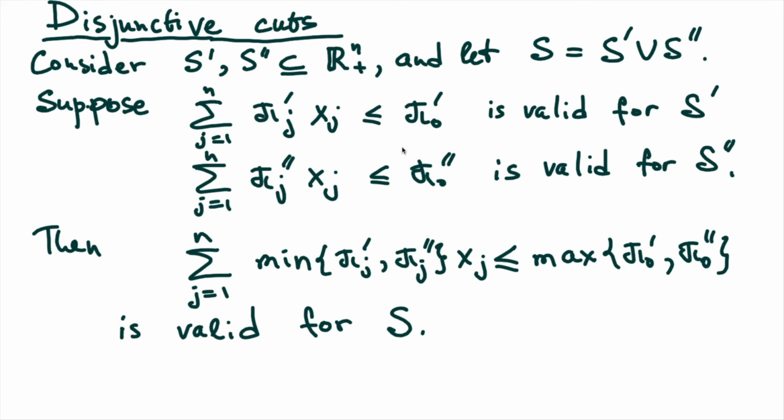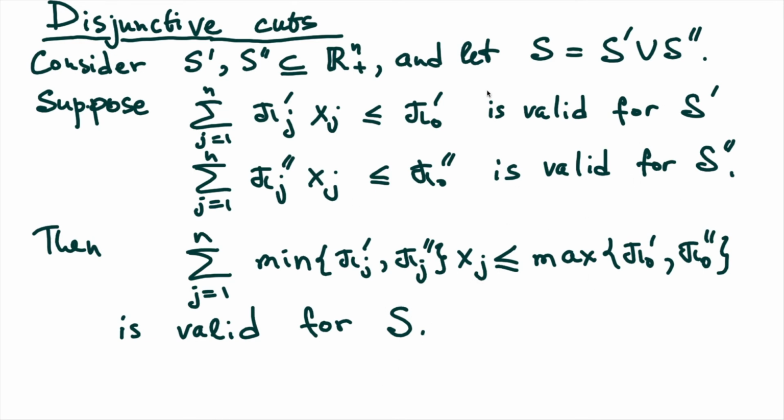So therefore, if you replace each coefficient for xj with the minimum of pi j prime and pi j 2 prime in any of these inequalities, then we'll obtain a valid inequality for either S prime or S2 prime. So essentially for both of them, right? Meaning that this will be a valid inequality for the disjunction given by S.